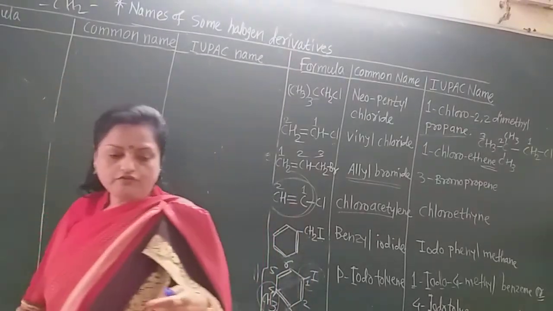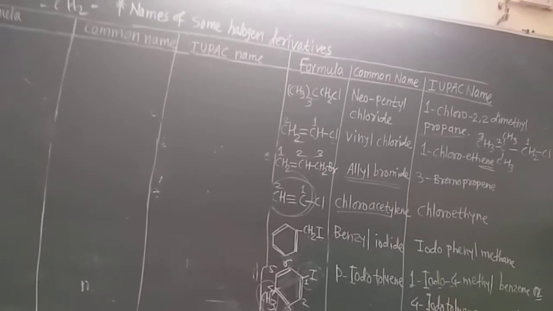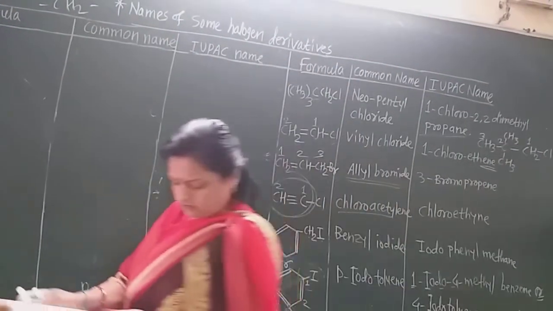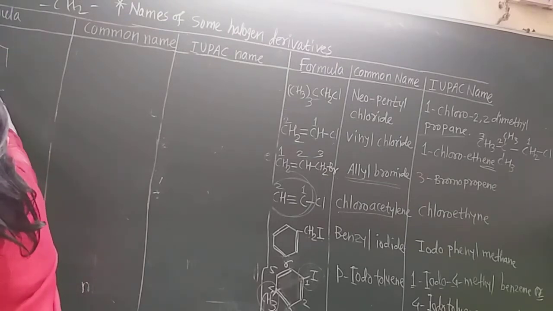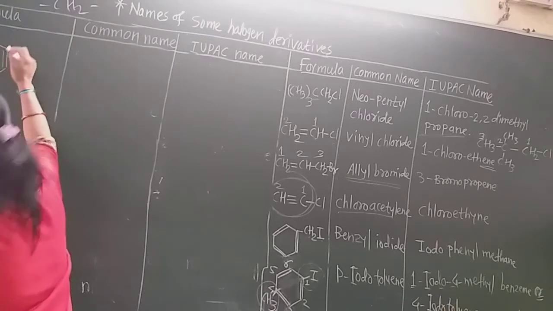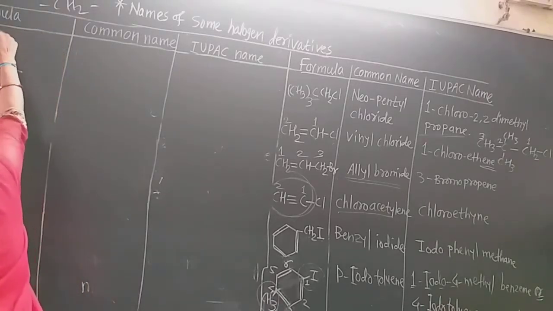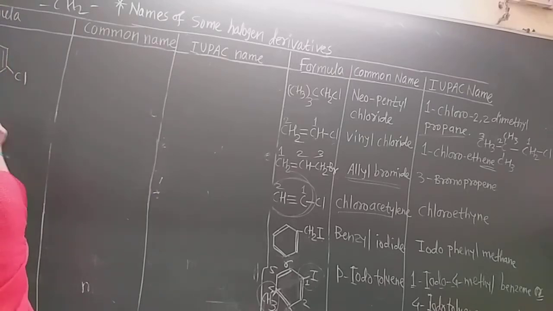Yes, what will that be? Dihalogen arene compounds. In this way, the given compound has fluorine and chlorine here. Now suppose the second one is in this way.